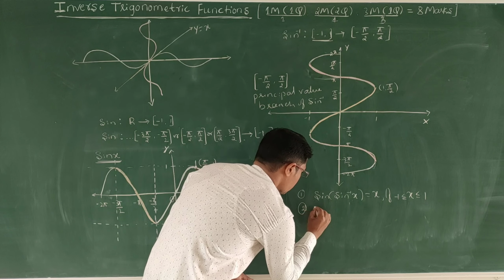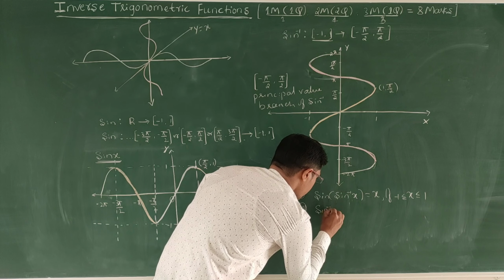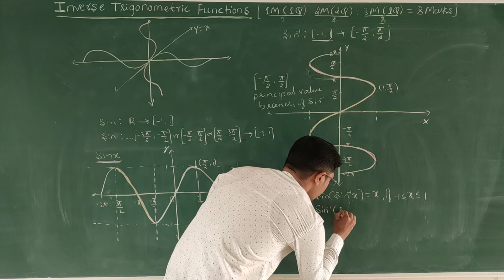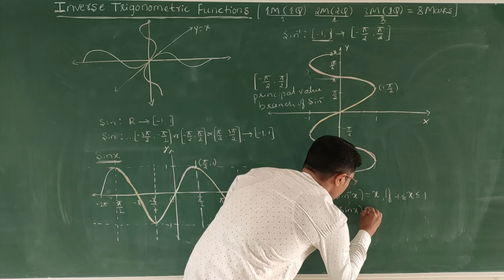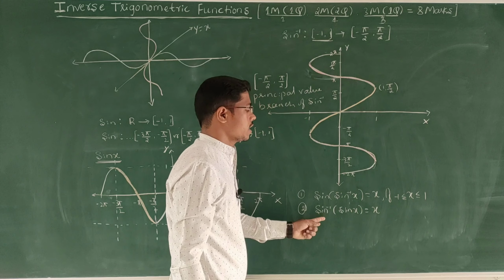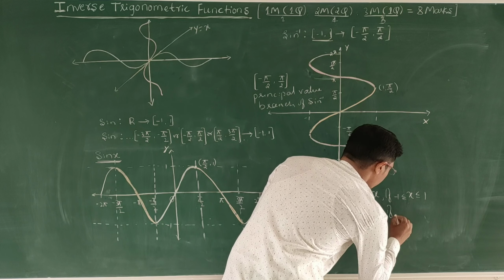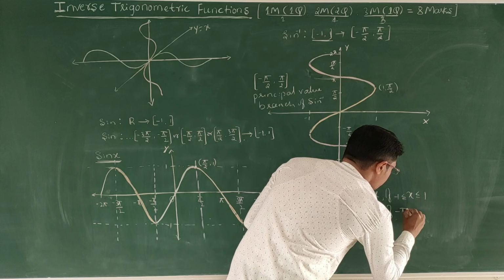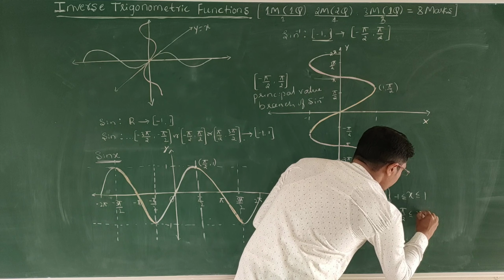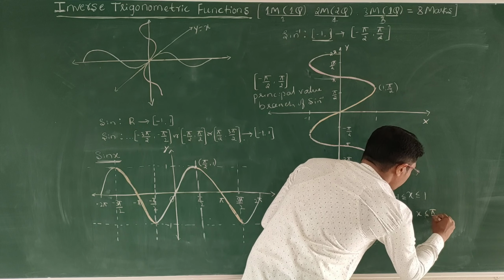And one more: sine inverse of sine x equals x, this is possible if x is between minus pi by 2 and pi by 2.